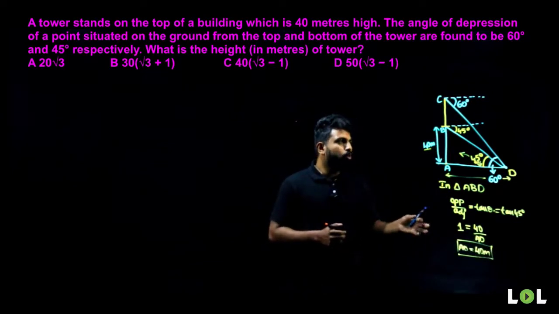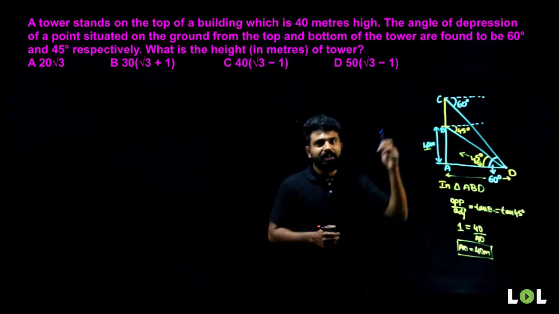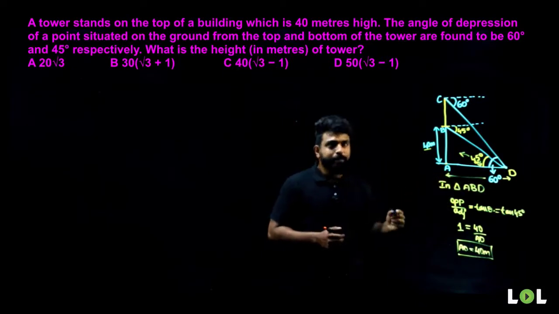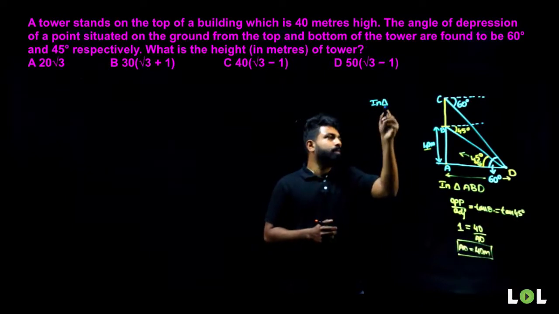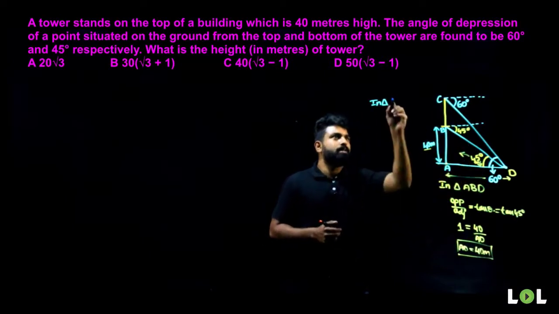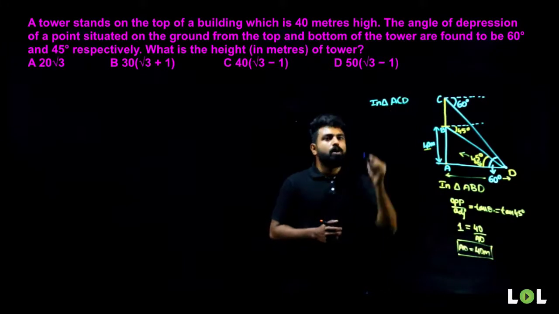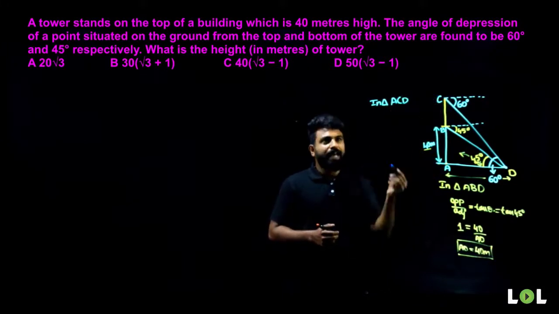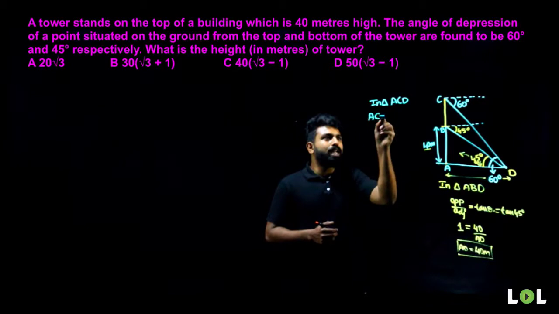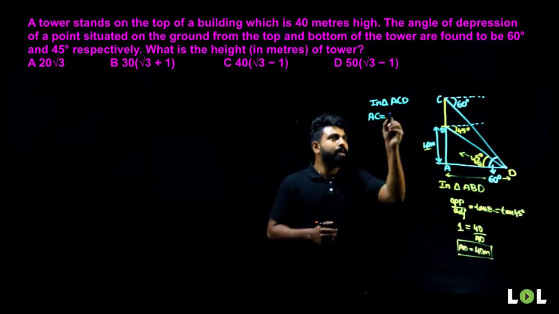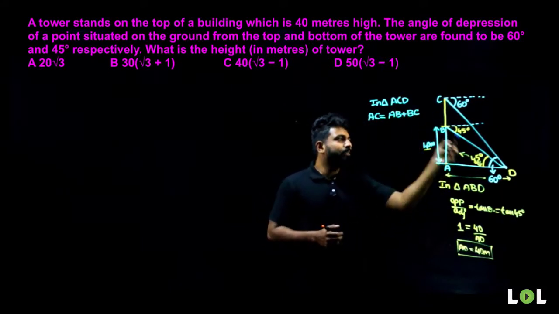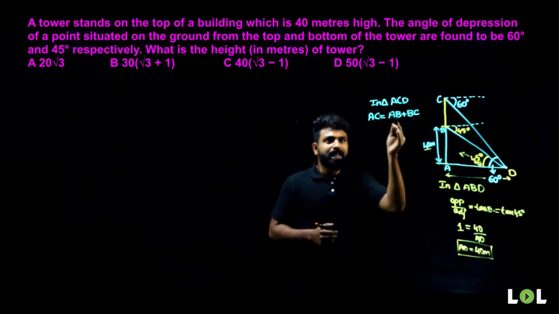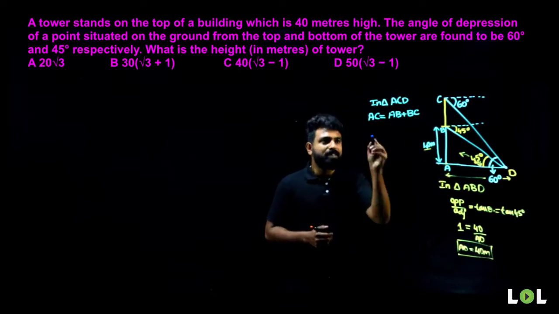Next, I consider the entire triangle here, because I know the value of AD. So in this triangle ACD, what do I need to find out? I need to find out AC. So what is AC? AC is AB plus BC. So what is AC with respect to 60 degrees? AC is nothing but opposite side.